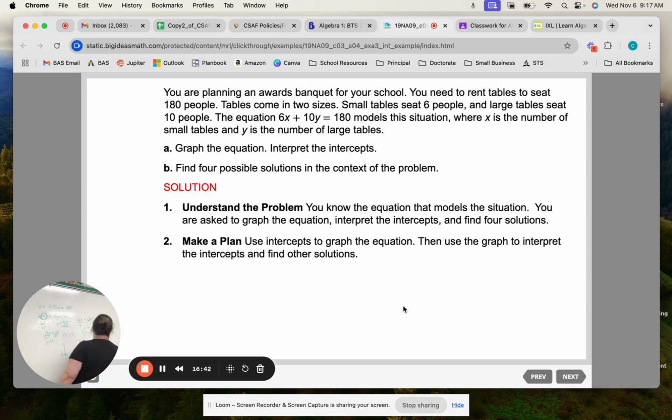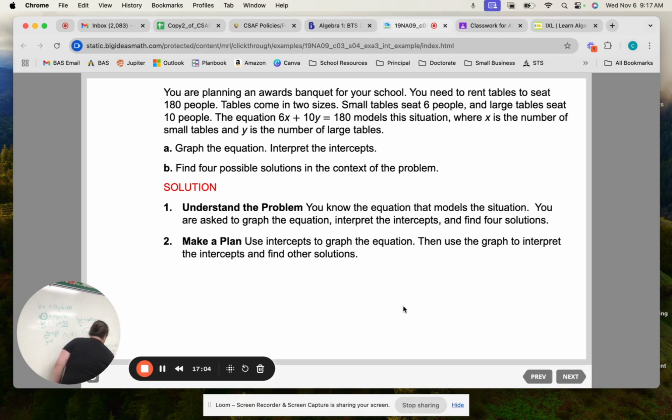Let's go on this one. So 6x, and we're going to buy or rent 5 of the big tables. So 6x plus 50 equals 180. Now we're going to subtract 50, so 6x equals 130.